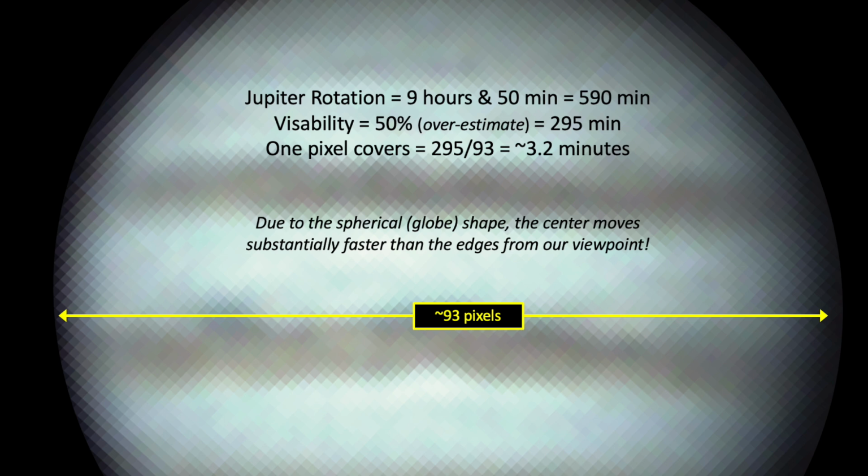So if we have 93 pixels covering the width of the image, each pixel represents about 3.2 minutes of rotational distance. If we created one stacked photographic image from more than 3.2 minutes of video data, we have allowed some data to move across the boundary of one pixel onto the next during that time.